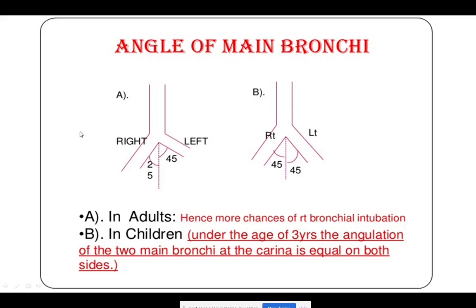So the right side will be more prone to aspiration.